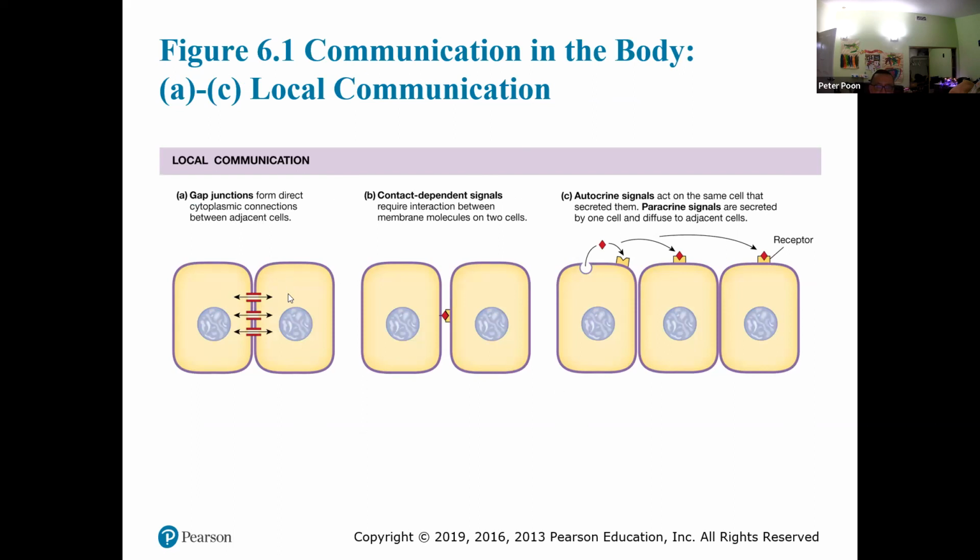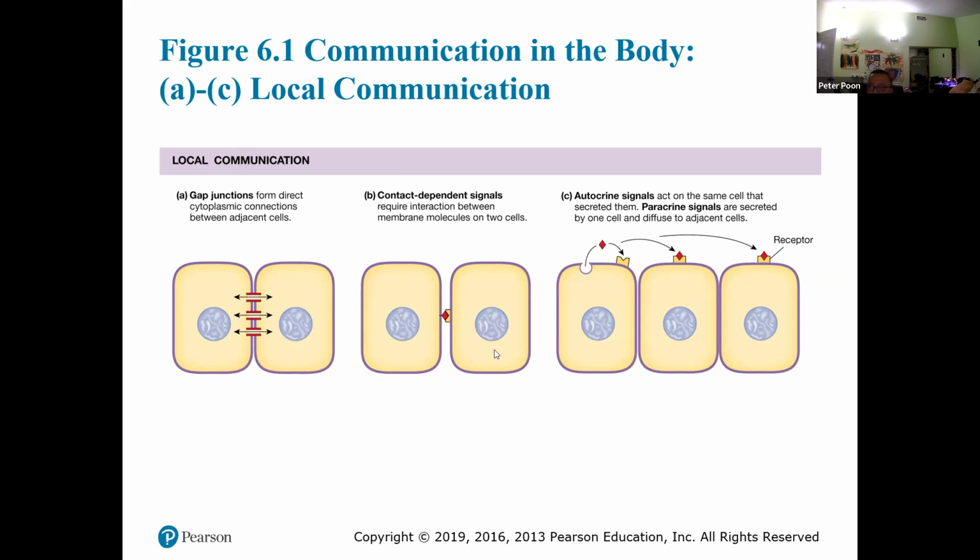Gap junctions allow cytoplasm to flow between cell A and cell B. So whatever signal it is, if it influences the cell, it will do so usually within milliseconds, or possibly microseconds. Calcium flow will be an example of this.